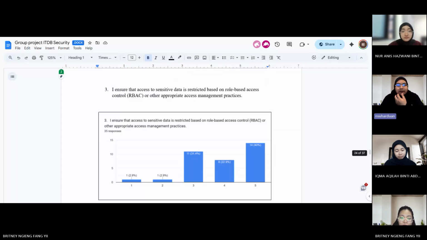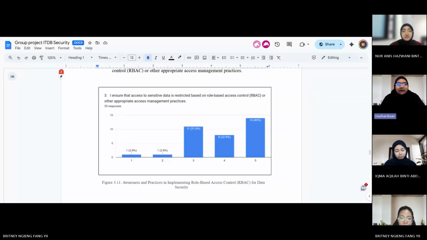Okay, for the third question, we asked about ensuring access to sensitive data is restricted based on role-based access control, or RBAC. For access control practice, 40% of respondents strongly agree and 22.9% agreed that they restrict access to sensitive data using RBAC or similar methods.